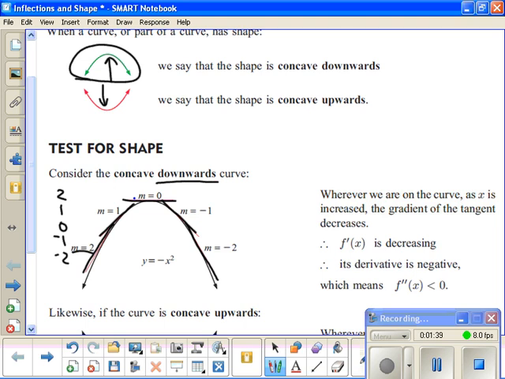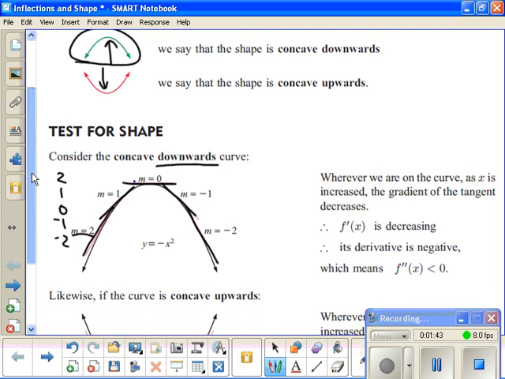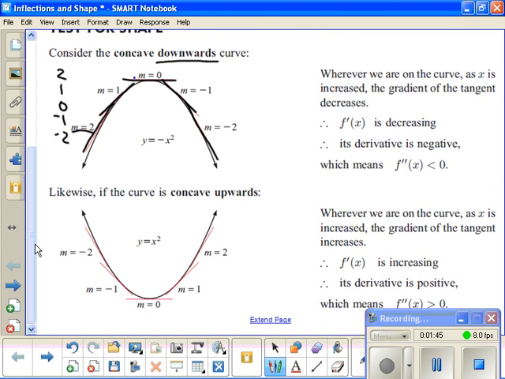The opposite holds true: notice these are increasing, so that's -2 to -1 to 0 to 1 to 2 and so on. So that's what makes it concave upwards. Its derivative, its velocity, is always increasing.